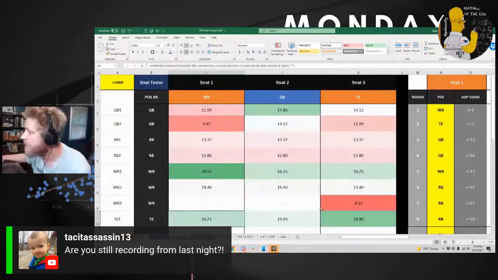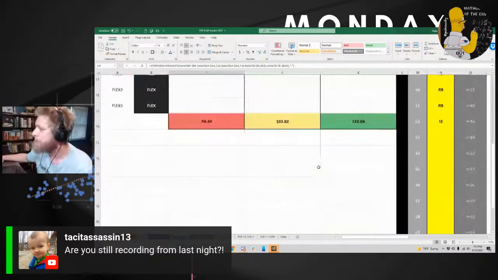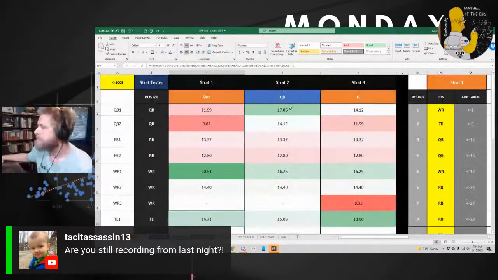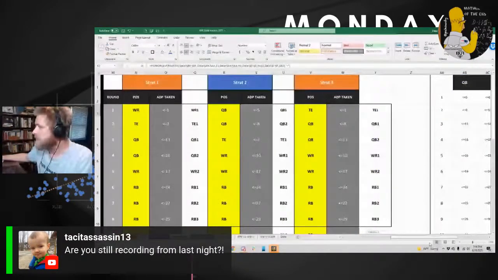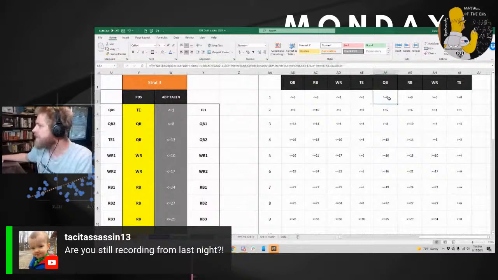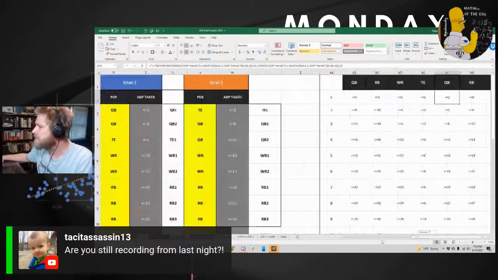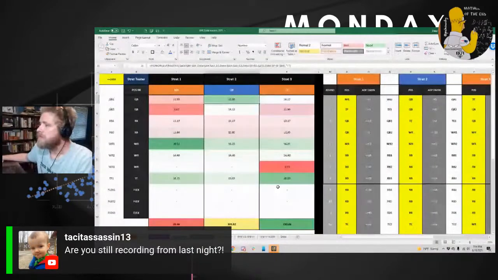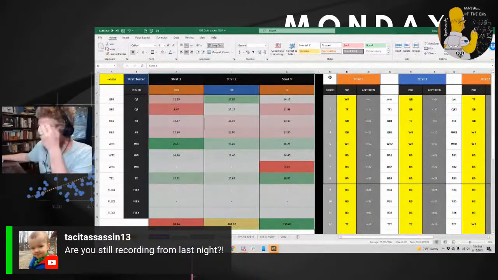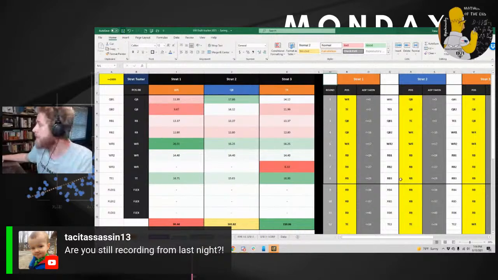Tight end in the first seems to provide an edge this year, a bigger edge than quarterbacks drafted in the first round. But that's mostly because there's so many quarterbacks going off the board in the first round. Yeah, tight end has an edge this year. Last year it was straight quarterback did.